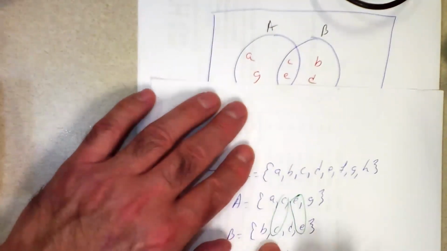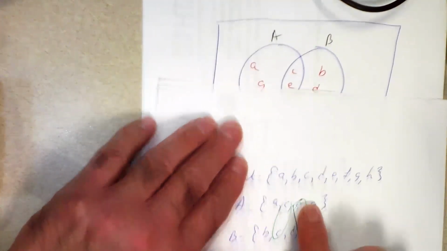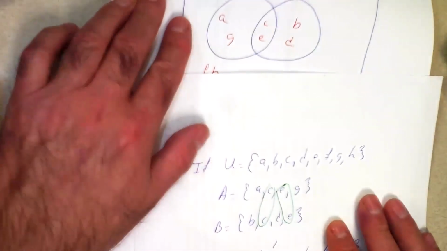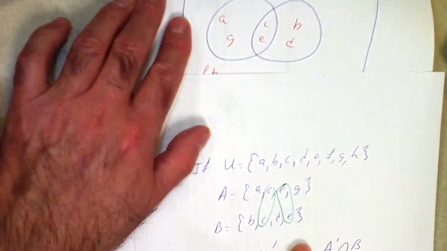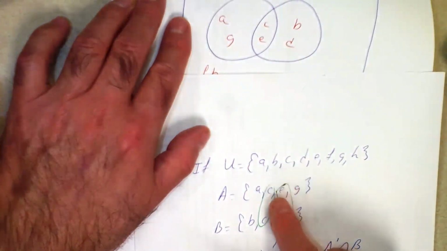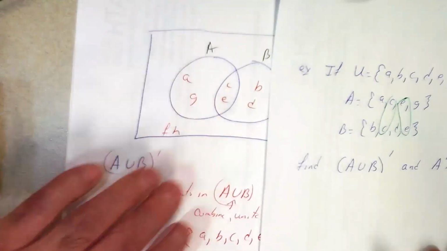Because B has B, C, D, E. And those are the ones they have in common. So there are your sets, A and B.